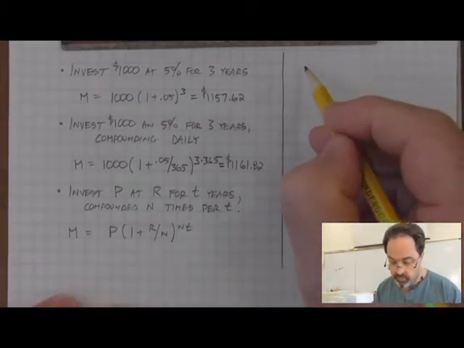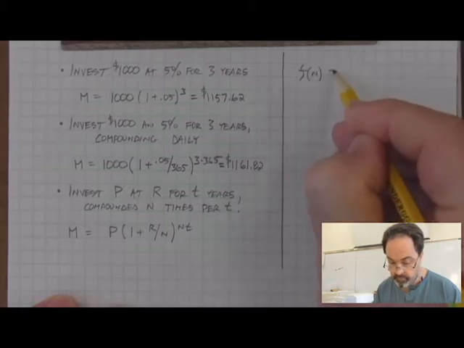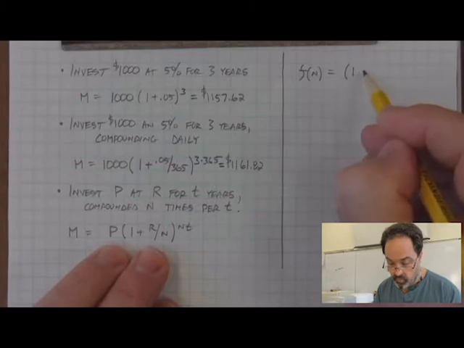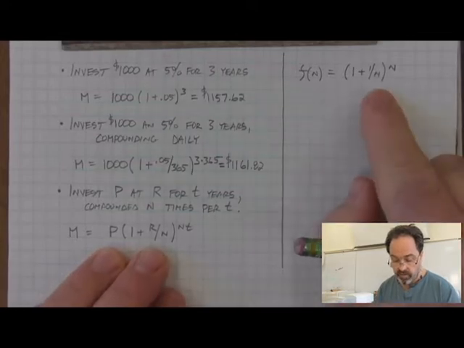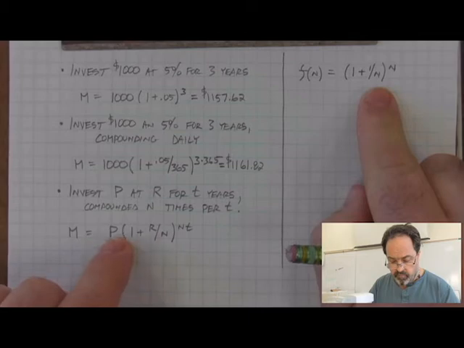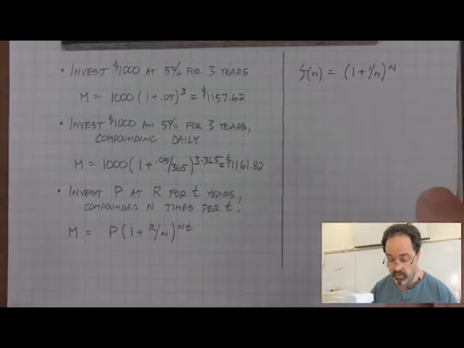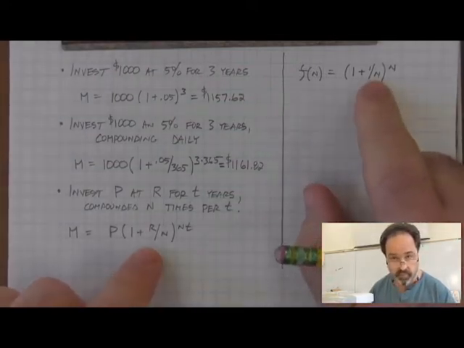I'm going to define a function and isolate the part of the equation 1 plus 1 over n to the nth. So we have the same type of equation. We can consider principal, rate, and time all to be values of 1 so that we can just see what the effects of n have on this part of the equation.